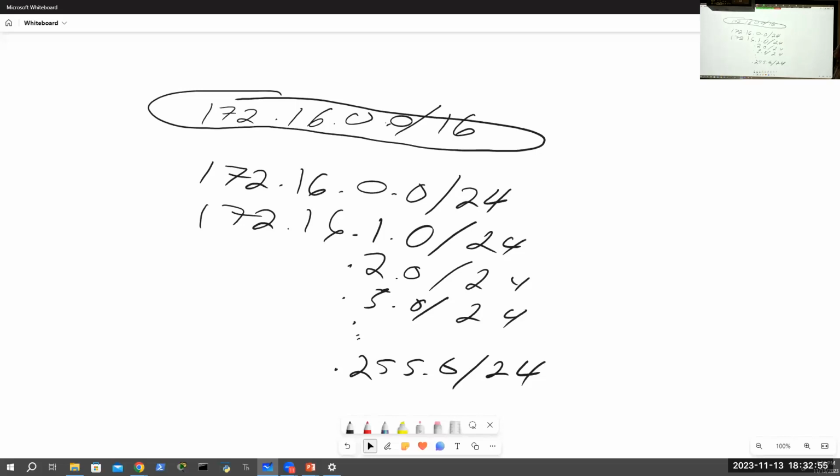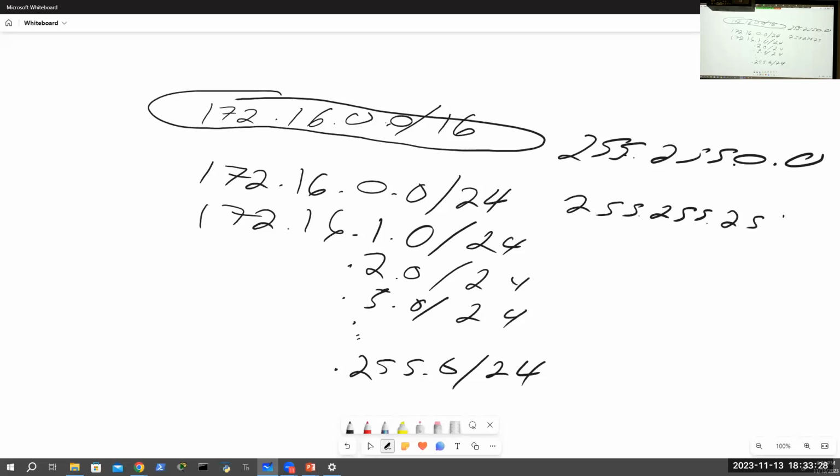Because remember, a /16 looks like this. So this is where it's good to see the subnet mask: 255.255.0.0. So the first two octets are network, the last two are host. But with a /24, now where I added the bits is where my subnetting occurs.